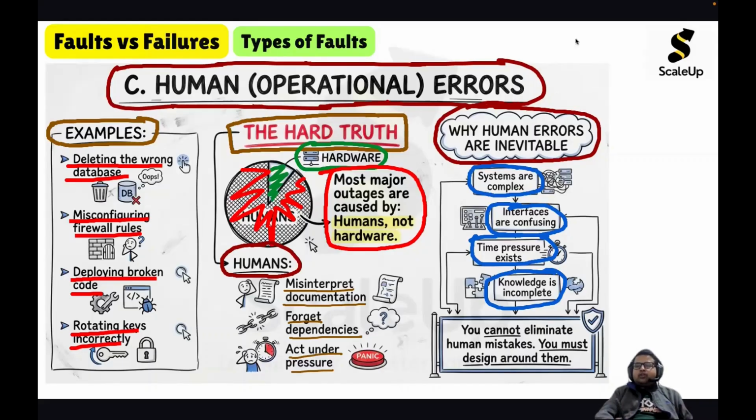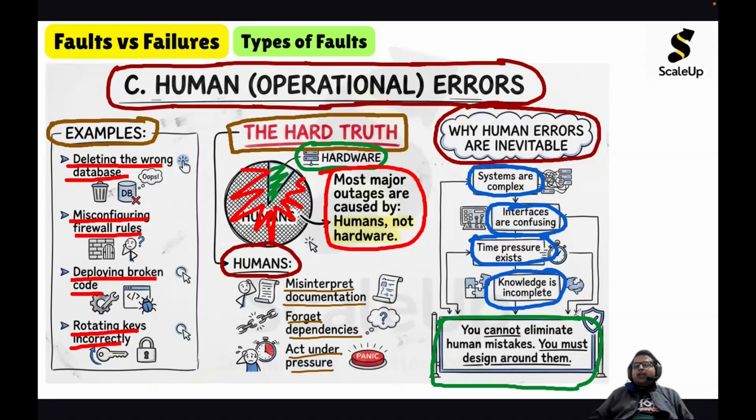So the moral of the story is you cannot eliminate human mistakes. So this is very, very important. When we are doing the system design, we also have to consider the scenarios wherein humans can make mistakes, and we have to plan how to handle that. So we must design around them.